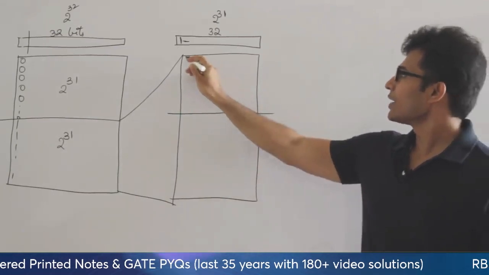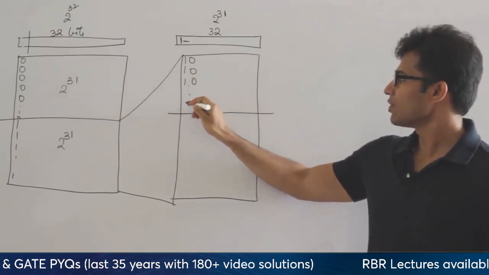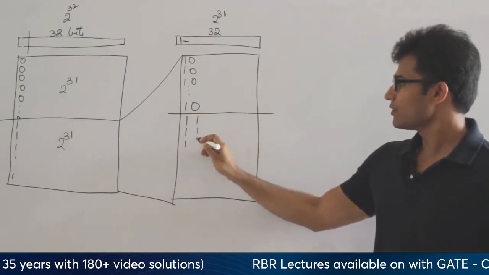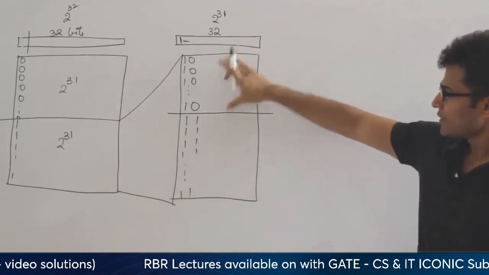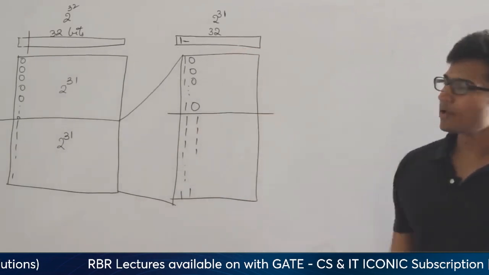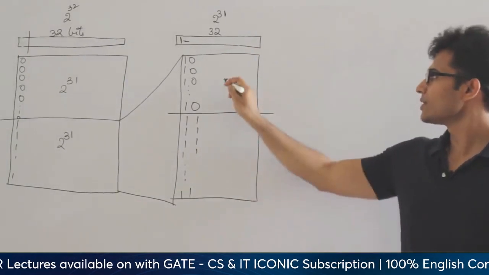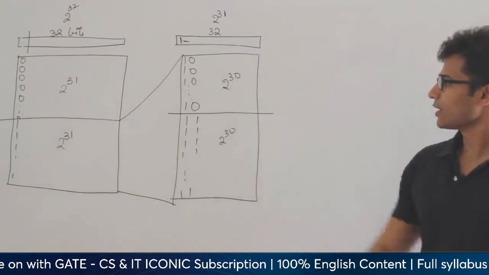The first part will contain 10 as the leading bits, 10, 10, and so on, and the second half will contain 11, 11, 11, and so on, right? Now the actual size of this number space is 2 power 31. I divide it into two parts, therefore the size of each part is 2 power 30, right?